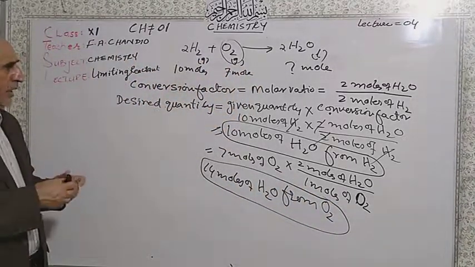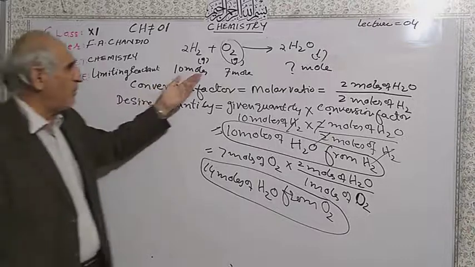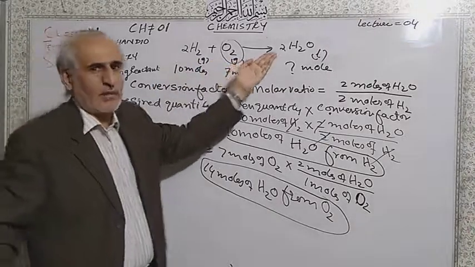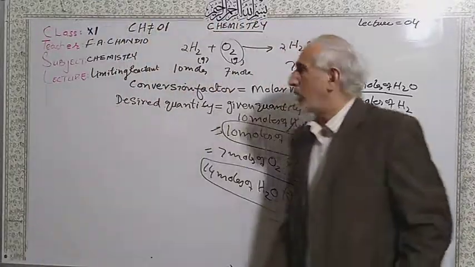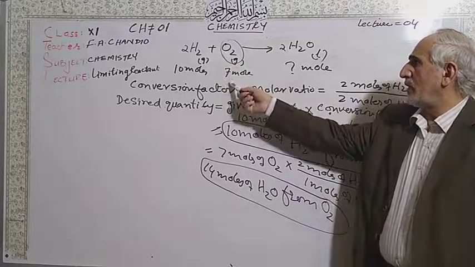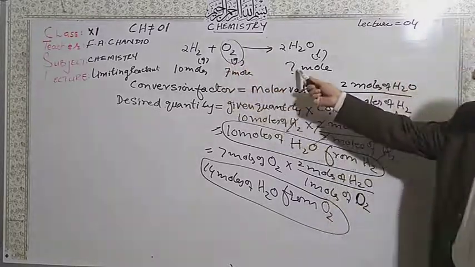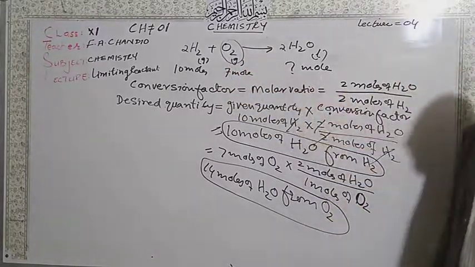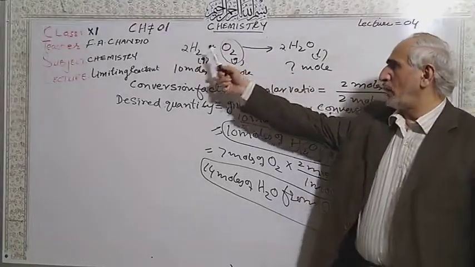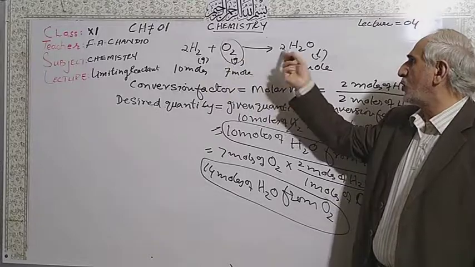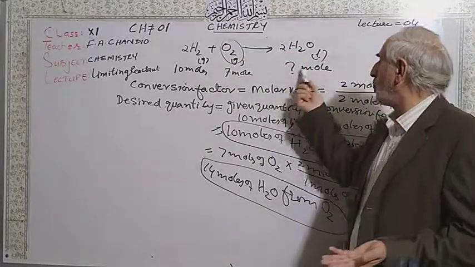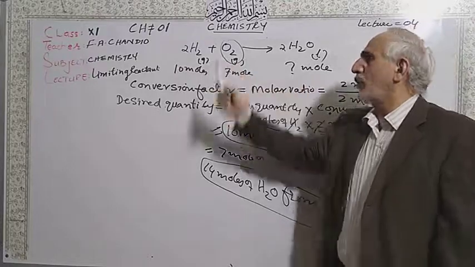Now dear students, only for 1 minute I am going to revise. This is the balanced chemical equation, stoichiometric chemical equation, and 10 moles of hydrogen are given, 7 moles of oxygen are given, and he said calculate the moles of water. In the stoichiometric equation, 2 moles of hydrogen, 1 mole of oxygen, 2 moles of water are given. So I just want to calculate the moles of water, so I can calculate from both.